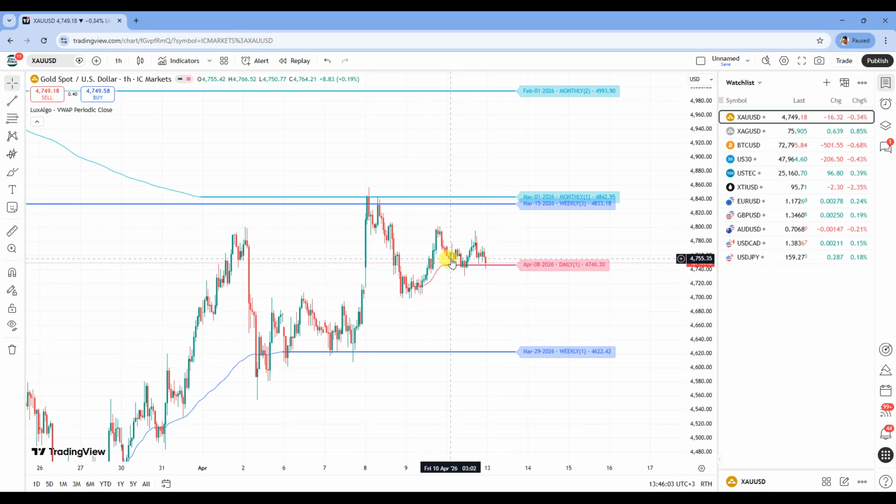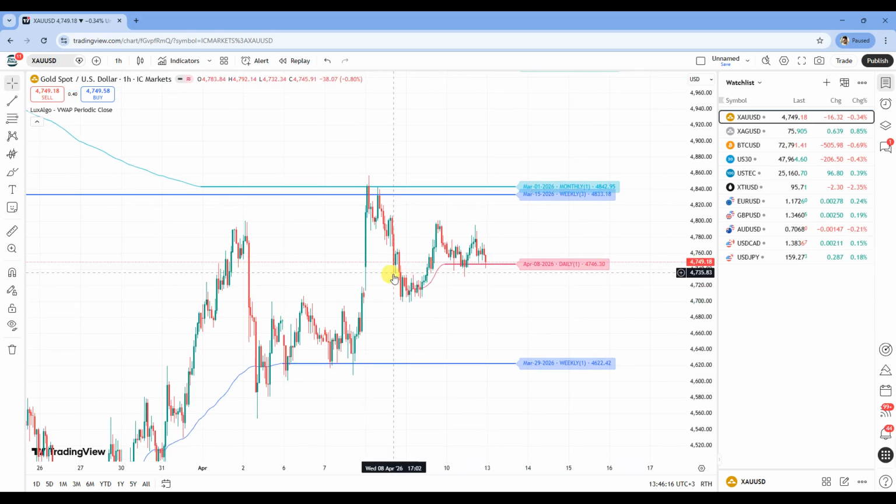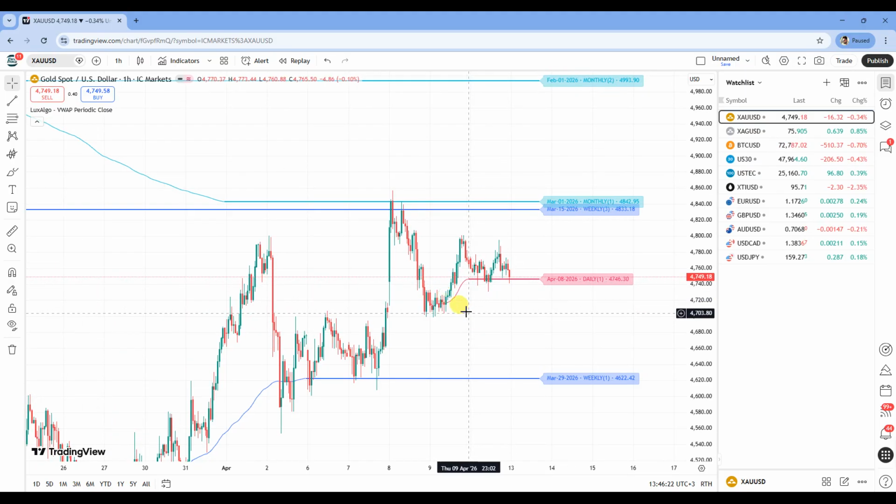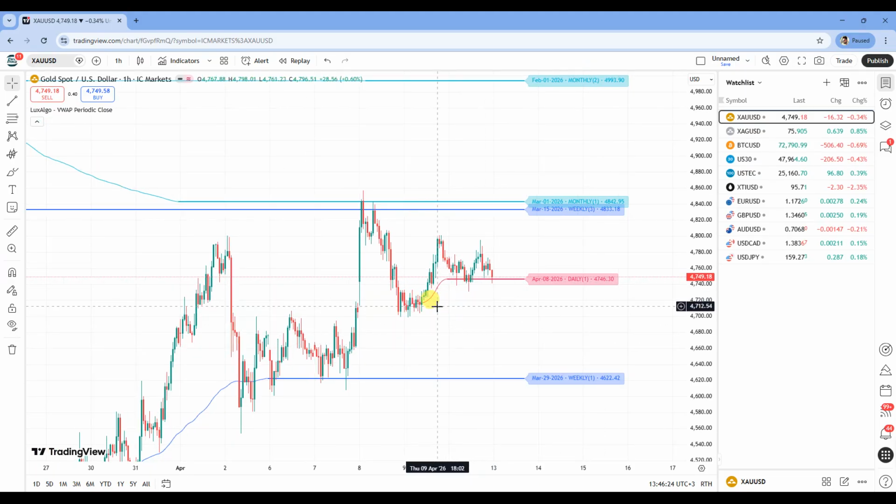It kisses the VWAP moving average, and then it starts going down. Then again it kisses the moving average of VWAP, and then it goes down again. So every time it kisses the moving average of VWAP, it is clearly understood that the trend has changed and the trend has started.